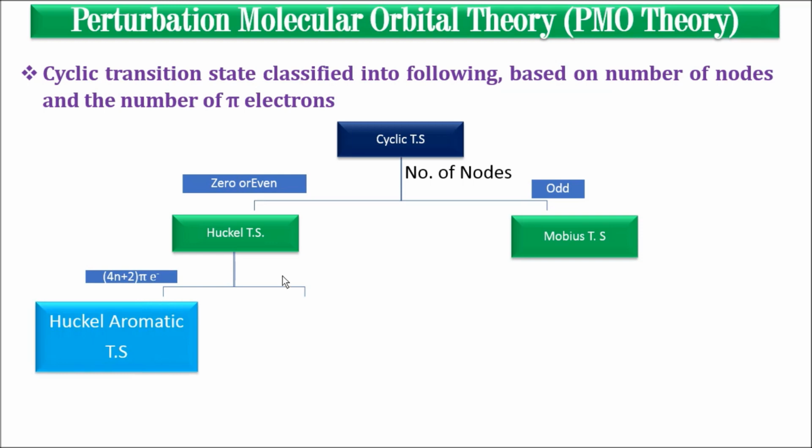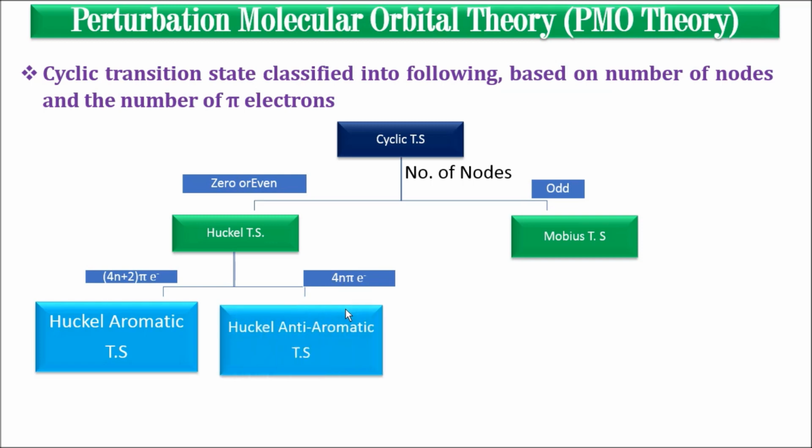When it has 4n pi electrons, according to the Huckel rule, that is called an anti-aromatic compound. That's why this is called a Huckel anti-aromatic compound. You see this branch: when the cyclic transition state has 0 or an even number of nodes, that is called a Huckel transition state.